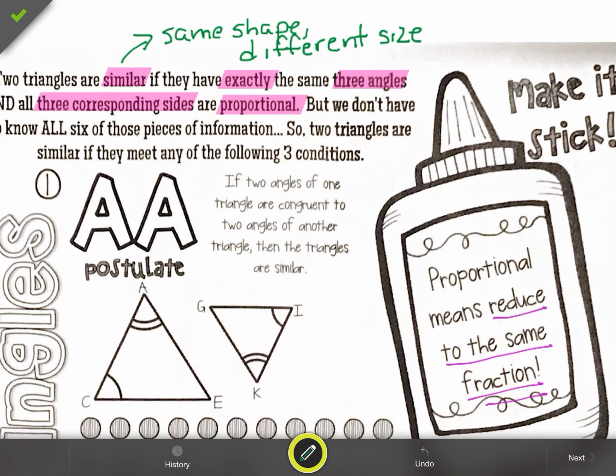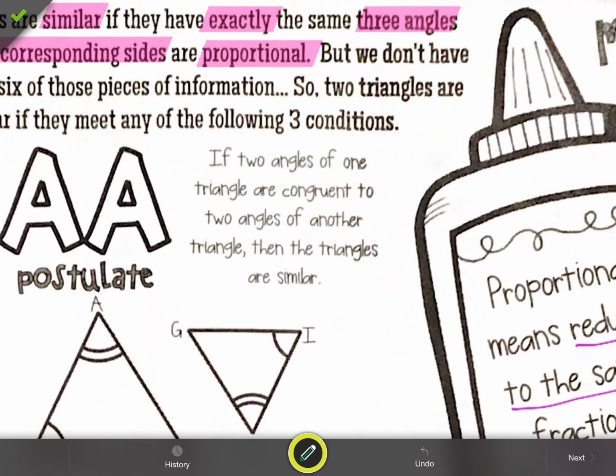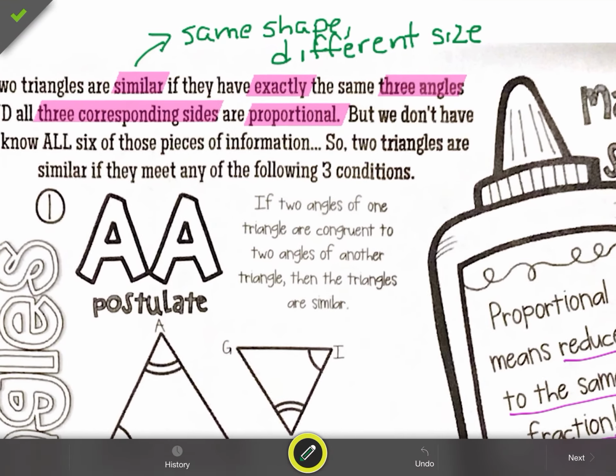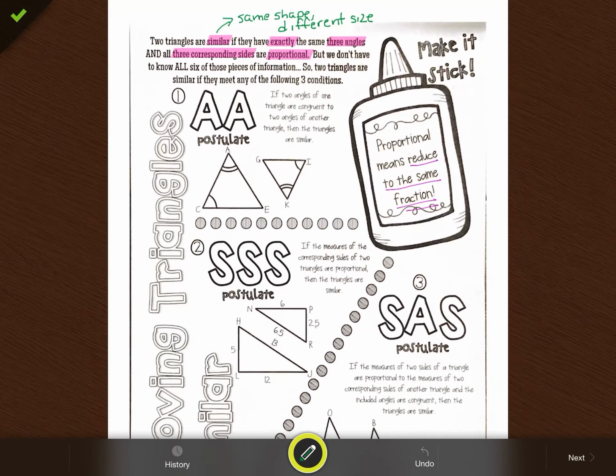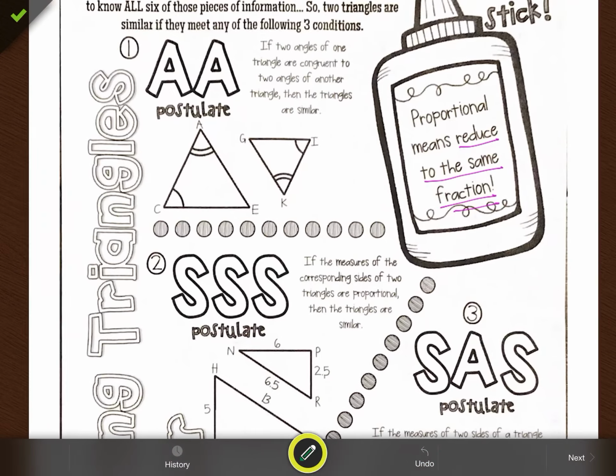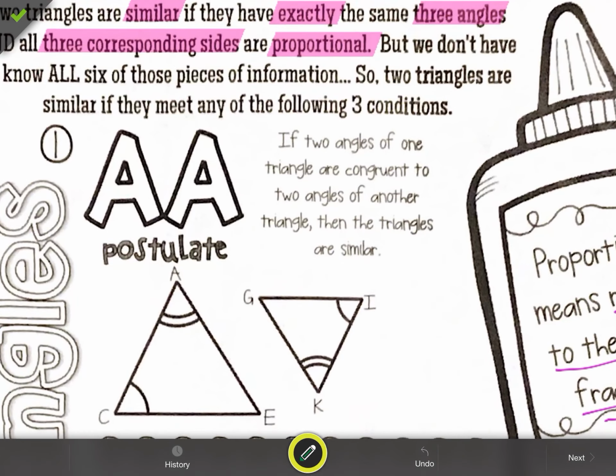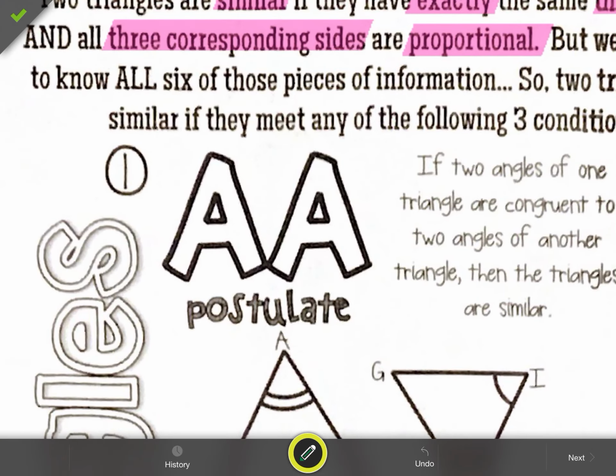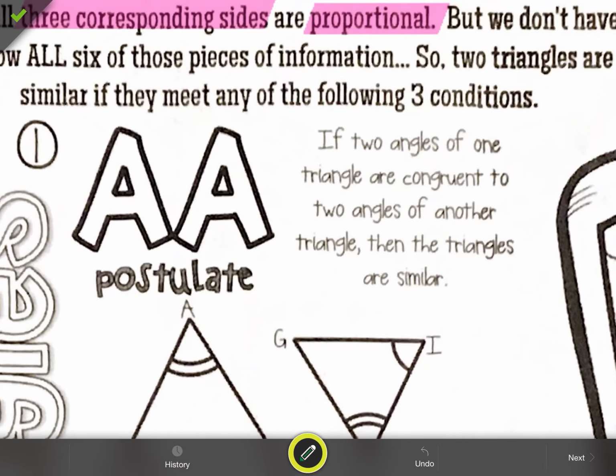So just like proving triangles congruent, we don't need all 6 pieces to show that they're similar. We just need a couple pieces. So first one is angle-angle. The angle-angle postulate. Now, we did not have one of these for congruent triangles.